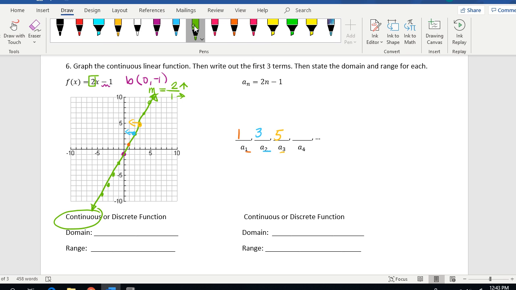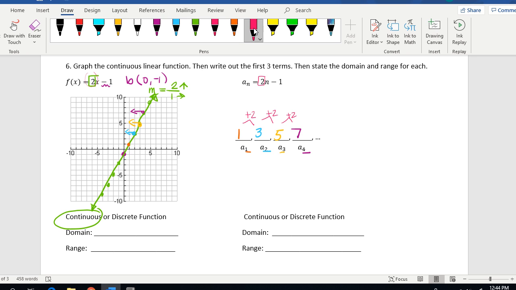A sub 4, and my y is 5, 6, 7. All right. So a couple things we should see is my common difference here is a plus 2, which is the same thing as my slope.